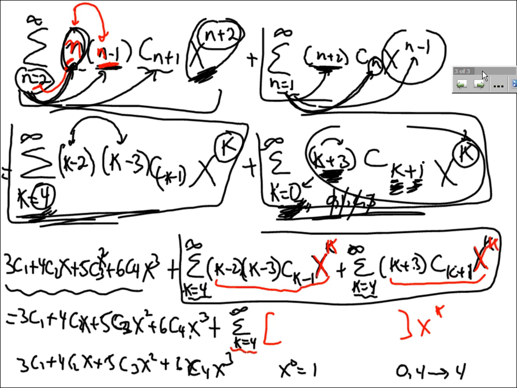And what survives is everything but what's in red, namely the k minus 2 times the k minus 3 times c sub k minus 1. Need some more space.